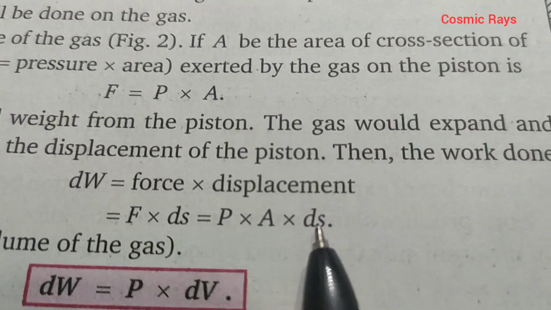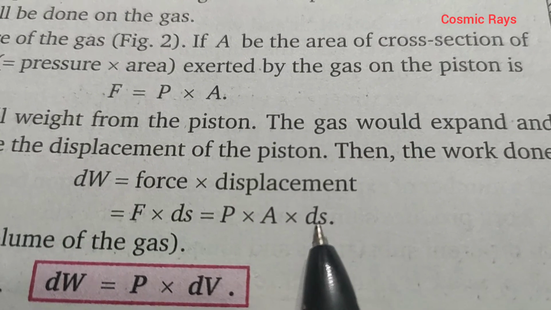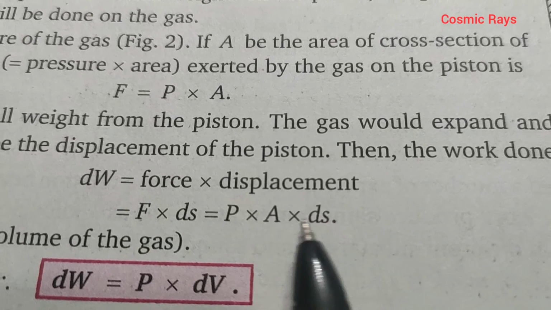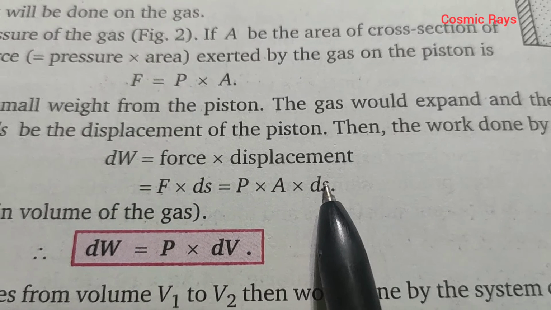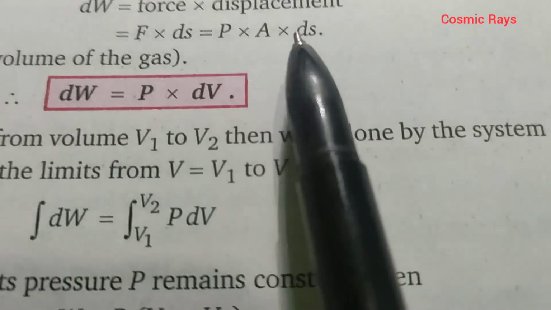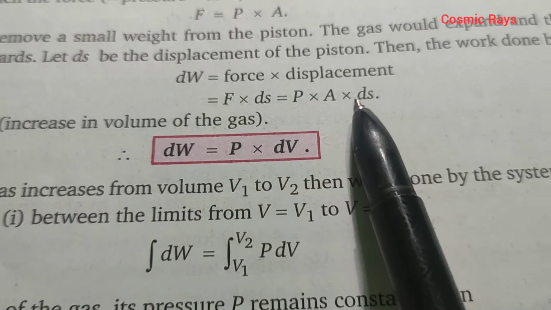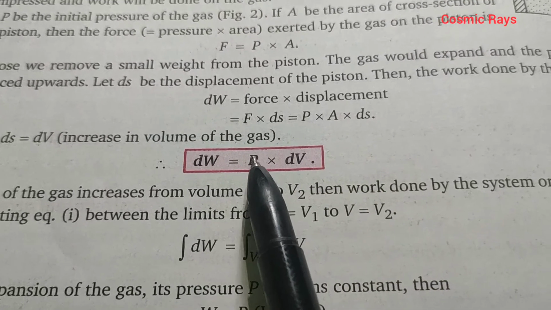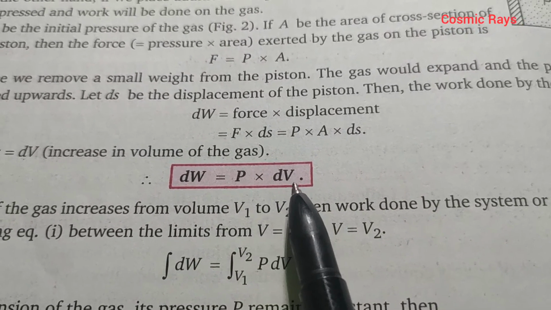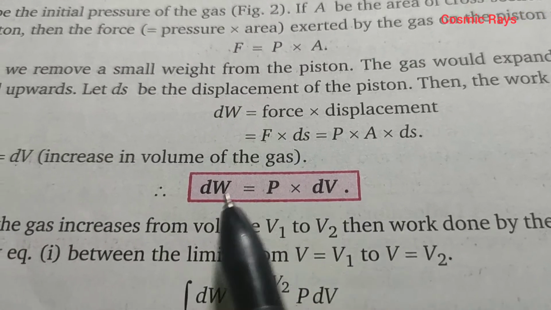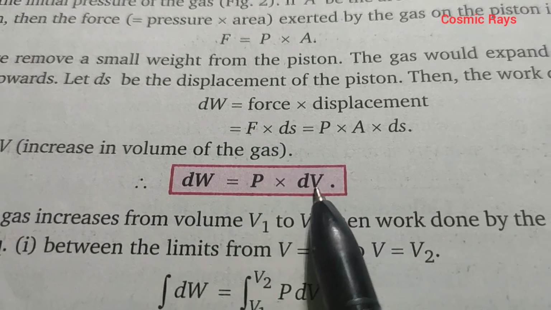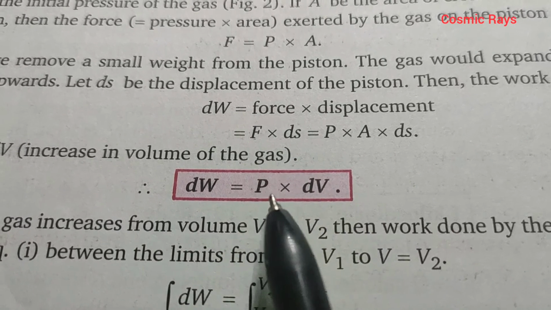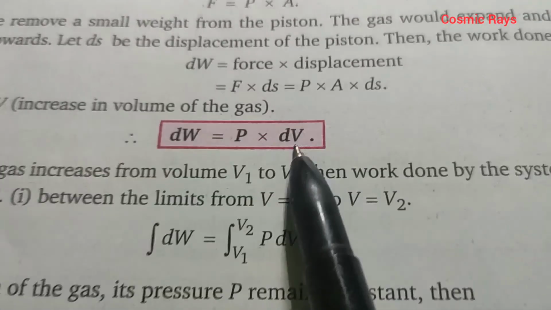Now area into this small length ds will be the small increase in volume. So the equation takes the form dw is equal to pressure multiplied by small change in volume. Small amount of work done is equal to pressure multiplied by small change in volume. dw equal to P multiplied by dV.